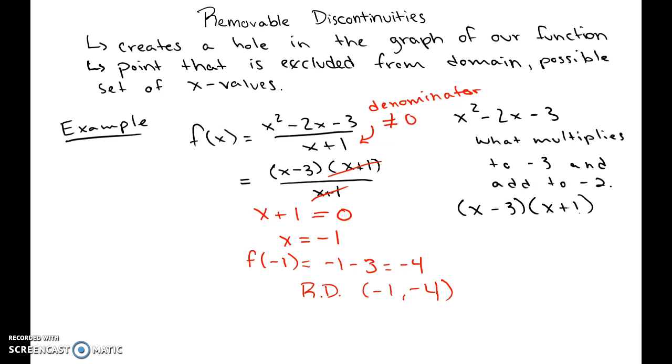Maybe it'll help though if we illustrate that with a graph. Let's pull up a graph here on the left hand side. Just a quick sketch. We're sketching our simplified function, which is just x minus 3. As you all know from algebra, we start at negative 3, so I'm going to go down 3.